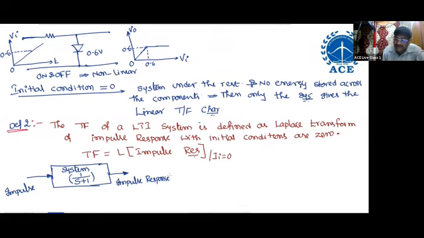Now if we use the first definition, the transfer function equals the Laplace of output by Laplace of input. The output is the impulse response, and the input is an impulse, and the Laplace of impulse is 1.